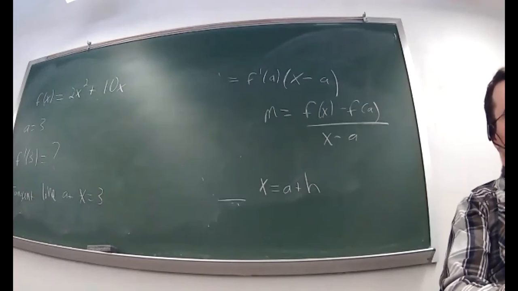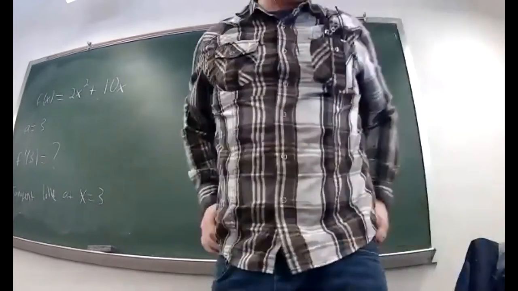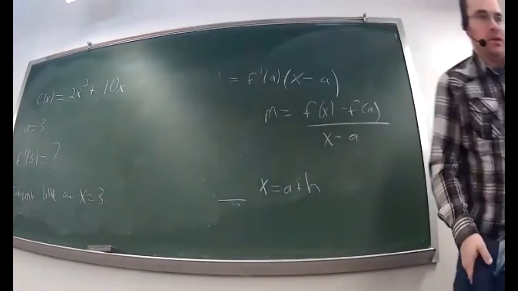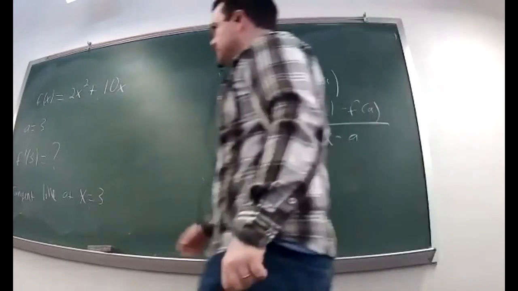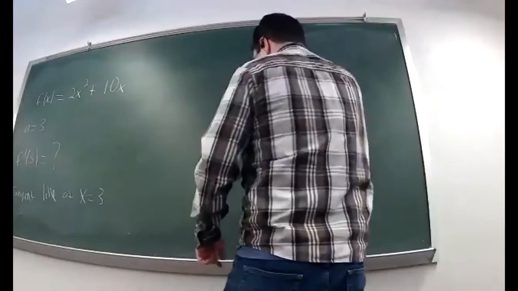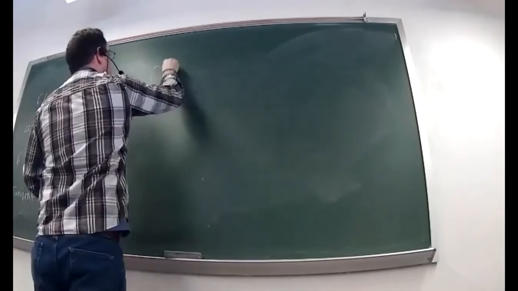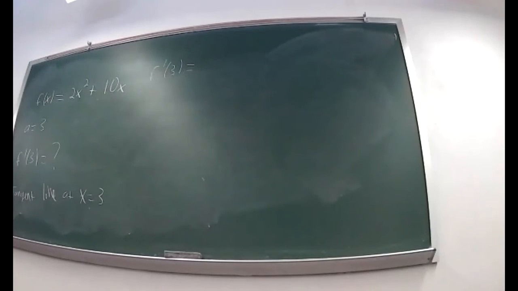Okay, after giving you some time to work, I'll try to do it also, and you can compare to what I end up with, and let me know if I'm making any mistakes. Naturally, we should compute f prime of 3 first, and then just plug it into the formula to get the tangent line.